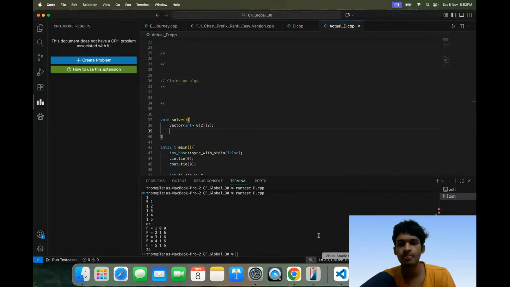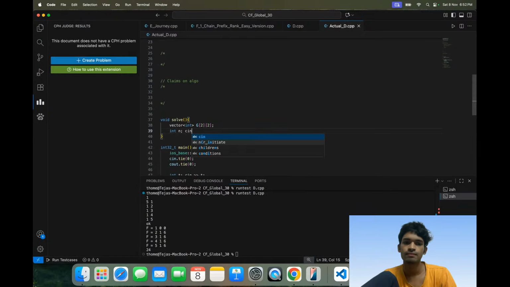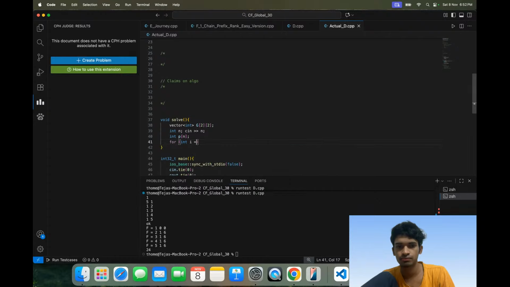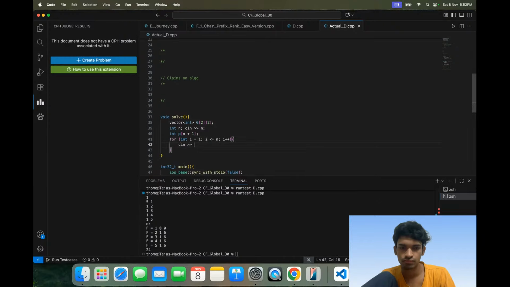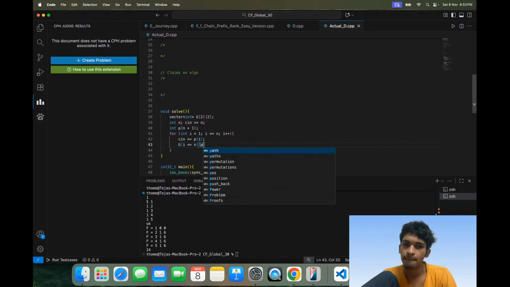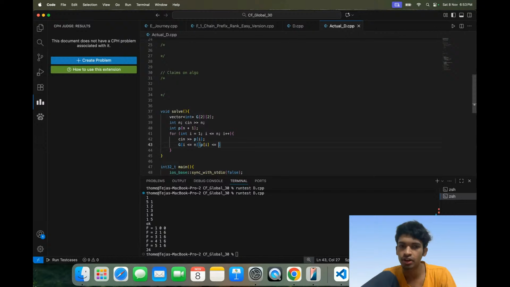I'm implementing for the fun. If g of i is less than or equal to n, and p of i is less than or equal to n by 2, dot push_back of i.